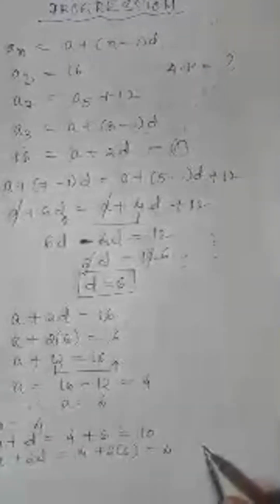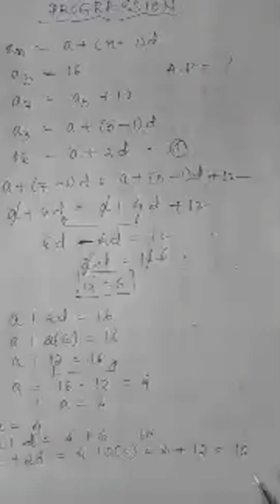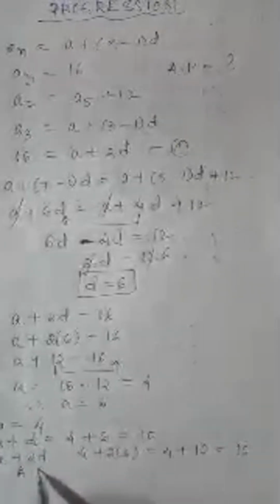After that, the third term is a plus 2d: 4 plus 2 into 6, which is 4 plus 12. Adding this, we get 16. So the terms of that AP are 4, 10 and 16.